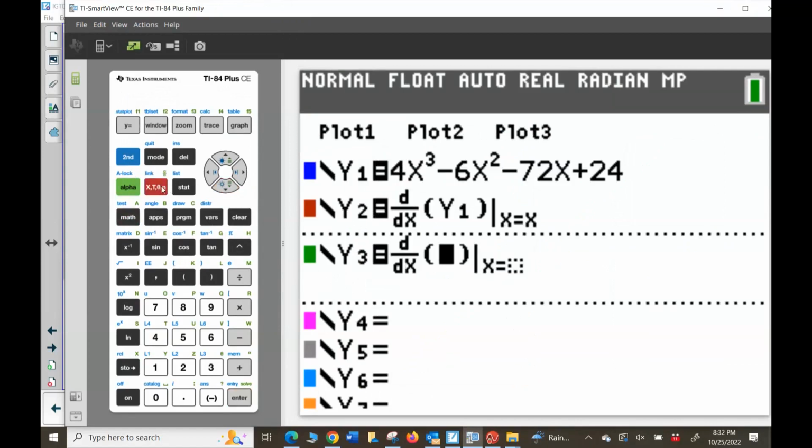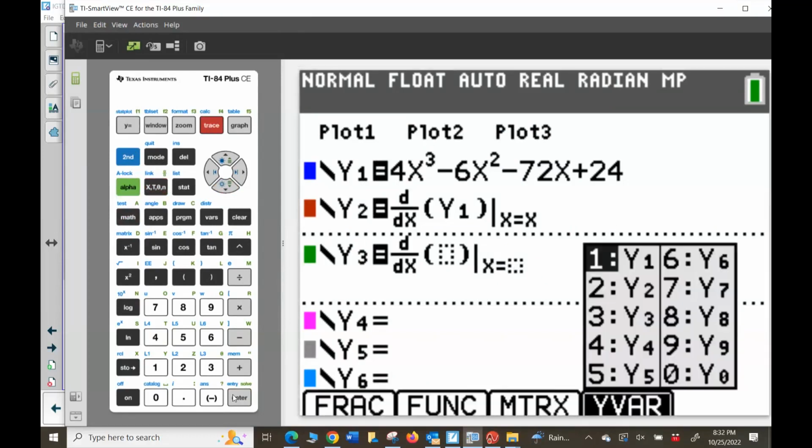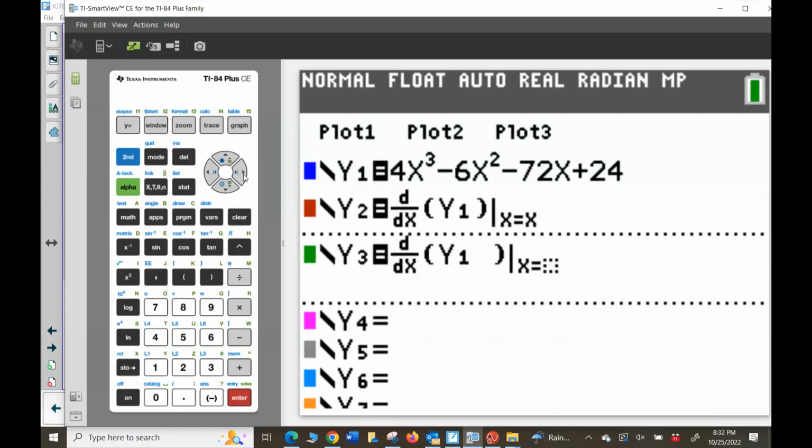With respect to x, I'm going to take the derivative of what's in y1, which is under alpha trace y1. But here's the thing: I want it not at a particular number, but for all values of x. So it's going to take that derivative, and it's exactly what's in y2. So I'm just going to turn that off, and now I'm going to graph this.